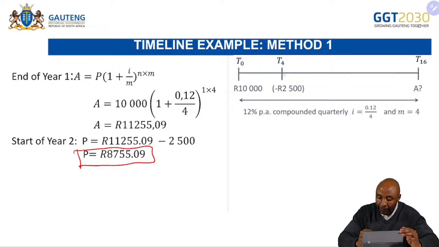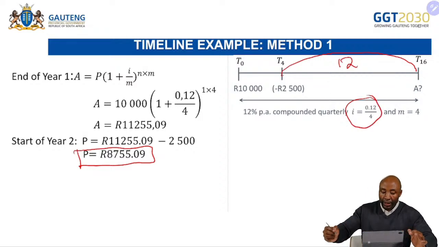And we are saying this will give us the N times M for the remaining. So it's 3 times 4. This means whatever we're going to substitute there, it's going to be our 12. Our interest is going to be that one.